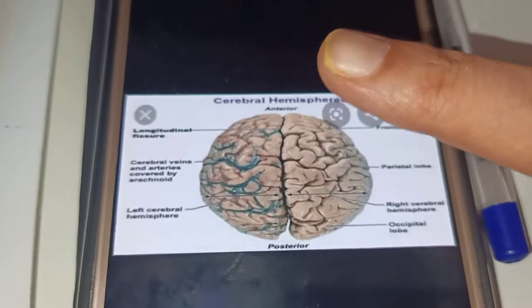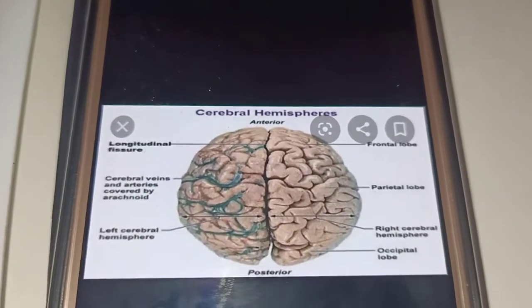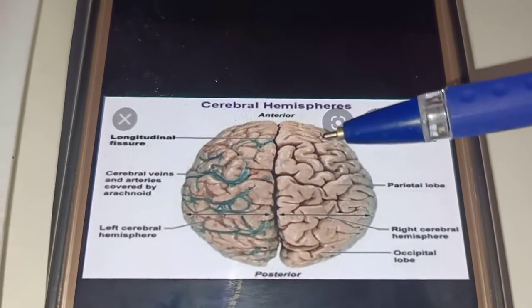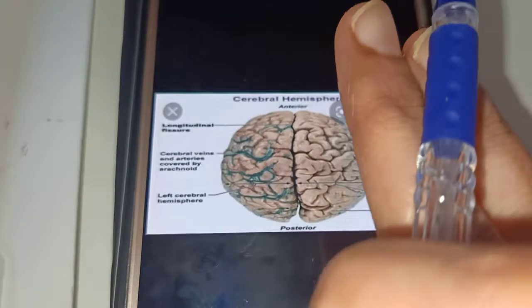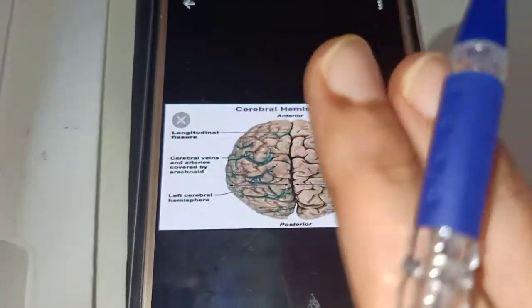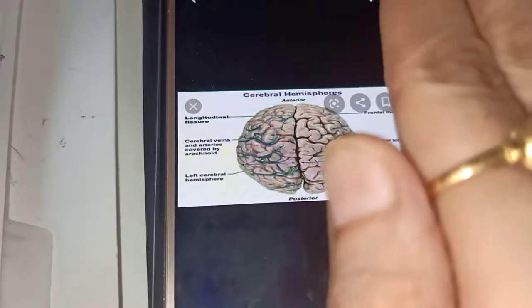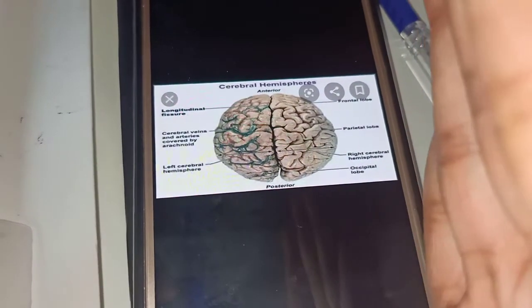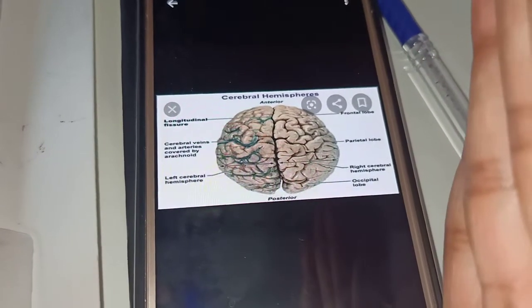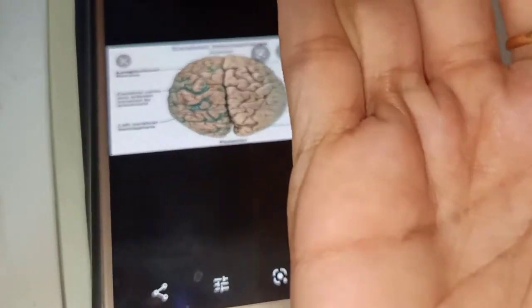Above is the superolateral surface, which consists of a lot of sulci and gyri. This is the fissure. If I turn just half, this becomes the medial surface, and completely, it becomes the inferior surface.